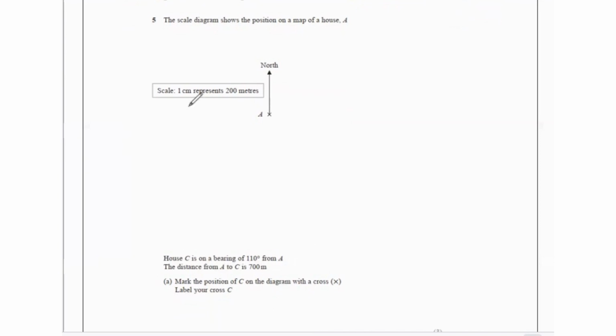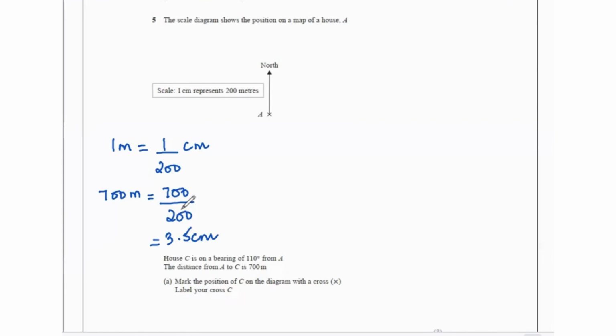So as you can see, 1 centimeter equals 200 meters, which means 1 meter would equal 1 over 200 centimeters. So to find the value of 700 meters in centimeters, we will divide 700 by 200, which gives us 3.5 centimeters.